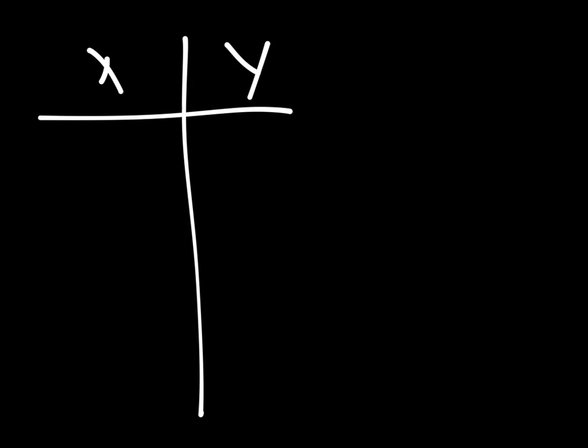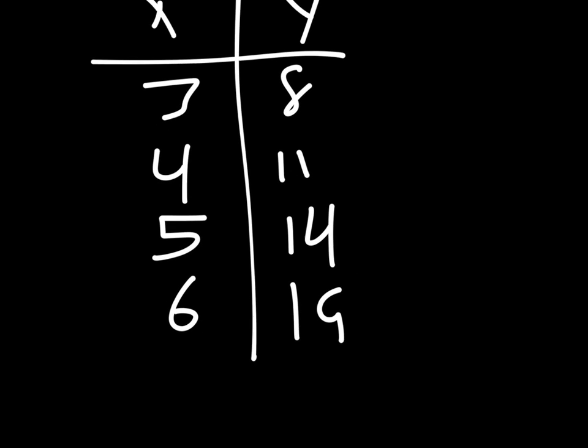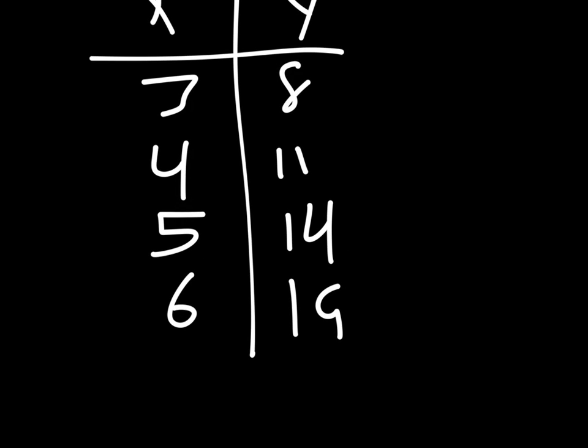If I have an x and a y, let's say I have 3, 4, 5, 6, and 8, 11, 14, 19, all right? So there's some relationship between these numbers. We just don't know what it is, okay?